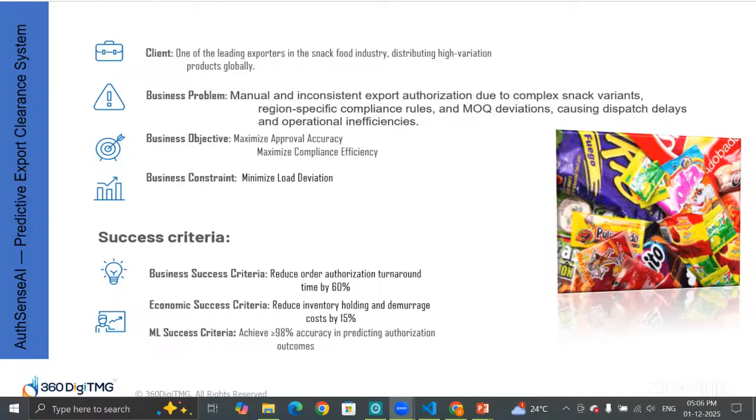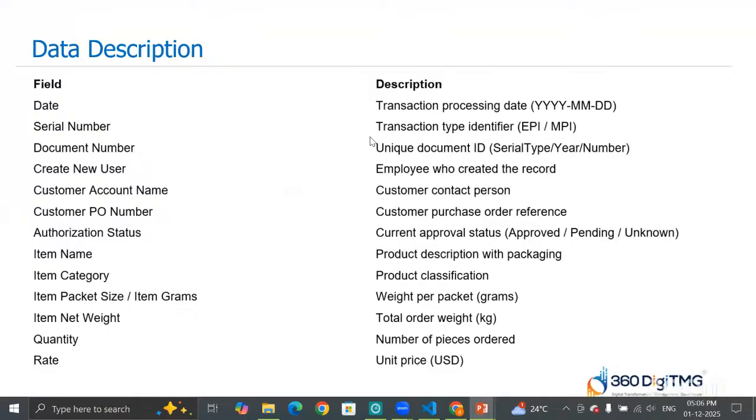Now, let us understand more about this. Let us look into something called data description. Basically, we will understand what data we used to build the predictive system.